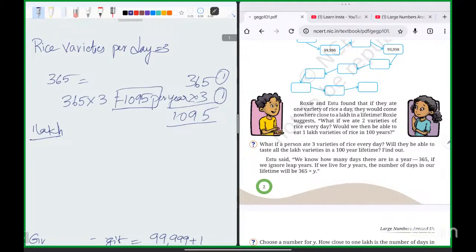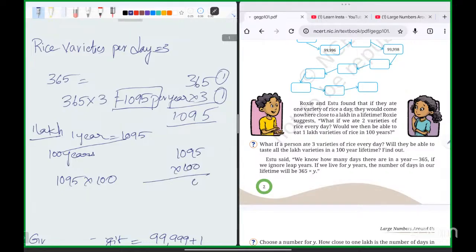To find out how many for 100 years, just like in the previous question, for 1 year it is 1095. To find out for 100 years, we just need to multiply 100 into 1095. So it will be 1095 into 100.